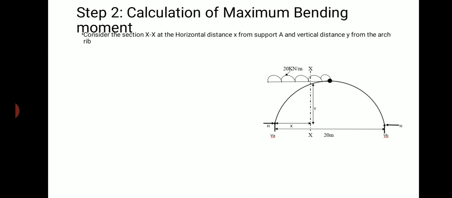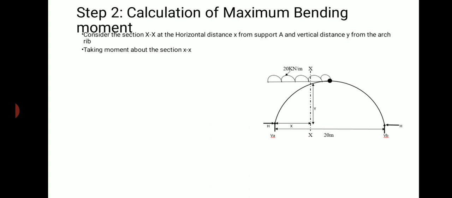In order to calculate the maximum bending moment, I am going to consider the section XX. You can consider it towards the left side of the span, or the right side also, not an issue here. So I just consider XX towards the left side of the span, at a distance of x from A and a vertical distance of y from the arch rib.